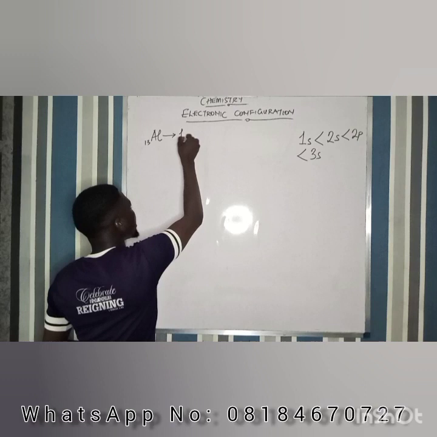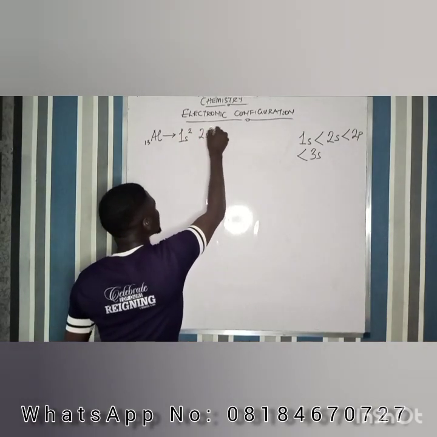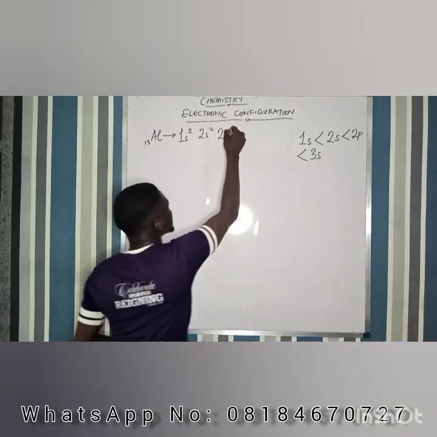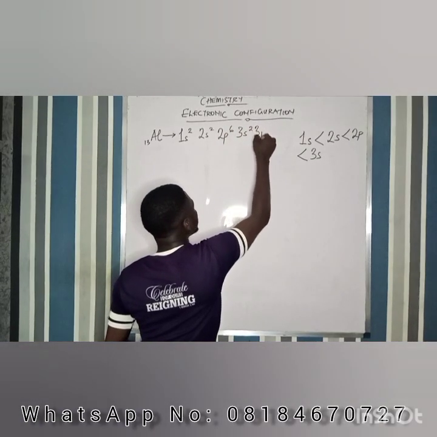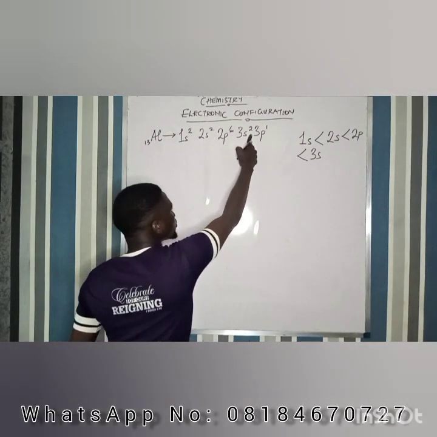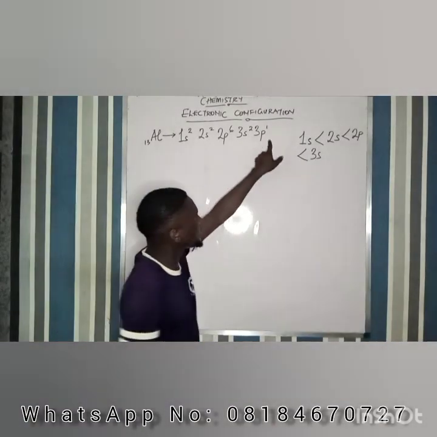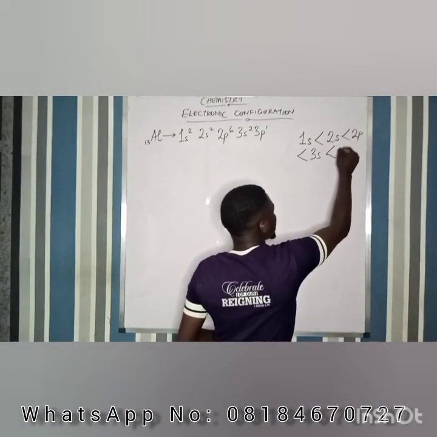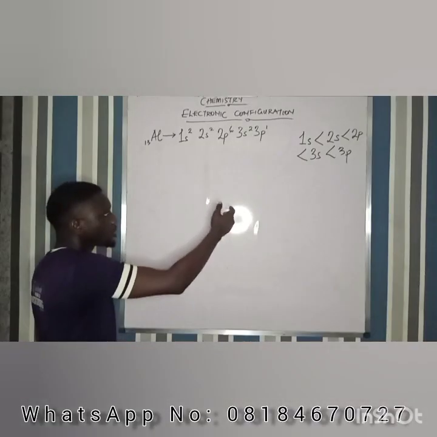That is 1s2, 2s2, 2p6, 3s2, and 3p1. Because when you add this up, 2 plus 2 plus 6 plus 2 will give you 12. Then the remaining one is the one we move to the next degenerate orbital, which is 3p. And that is how it will go on.